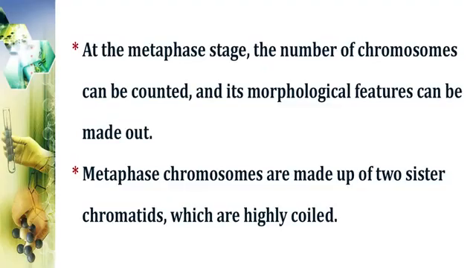However, during cell division, such diffused chromosomes undergo spiral coiling and condense into cytologically visible compact threads. At the metaphase stage, the number of chromosomes can be counted and their morphological features can be made out. Metaphase chromosomes are made up of two sister chromatids which are highly coiled.